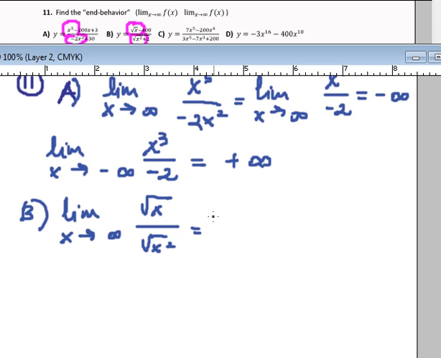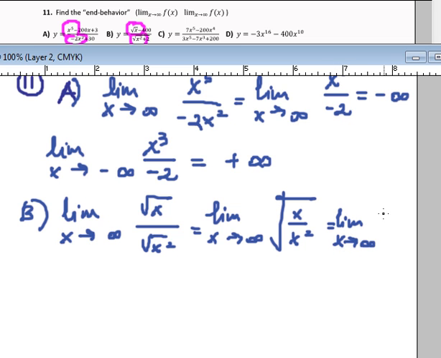Square root x over x squared, that's 1 over x. Reduce that, and we have 1 over the square root of x. As x goes to infinity, the square root of x goes to infinity. So this limit is 0.